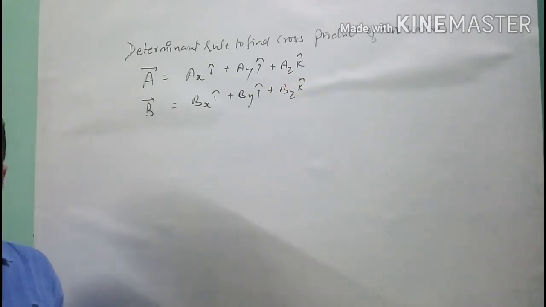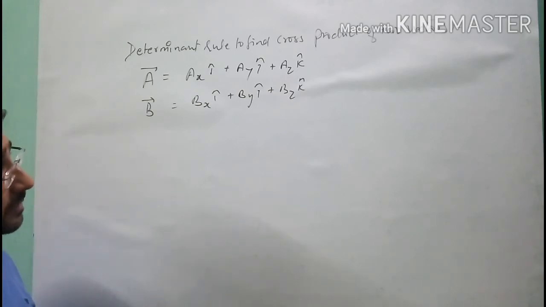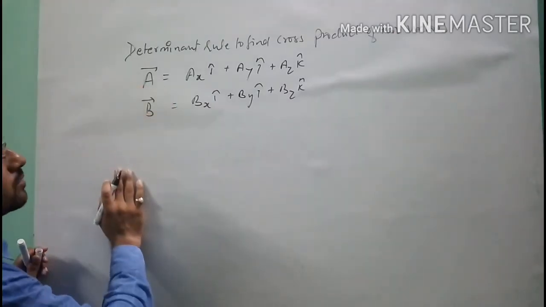Suppose these are two vectors and we want to find their cross product, but the method will be different from the initial one. So that time I will use this determinant rule.